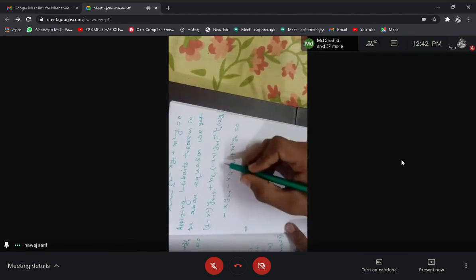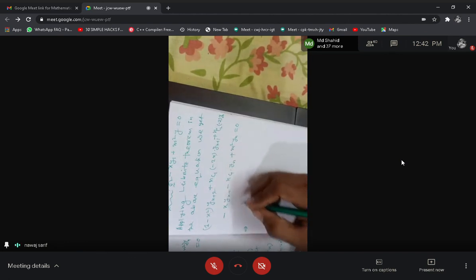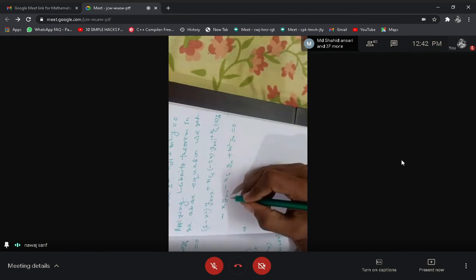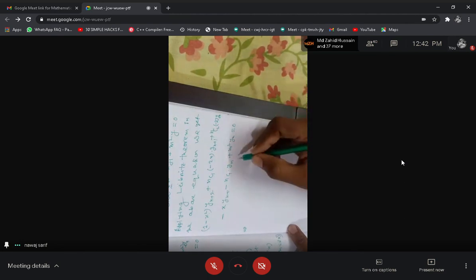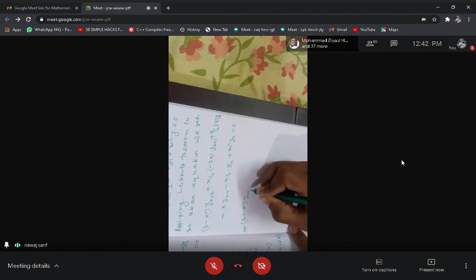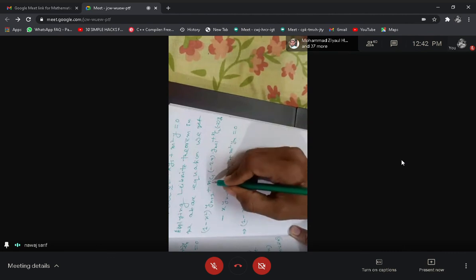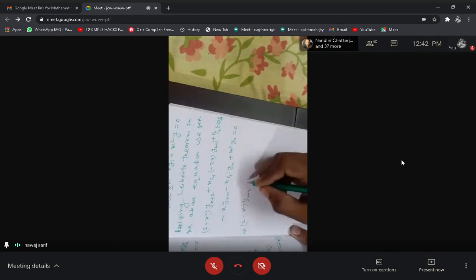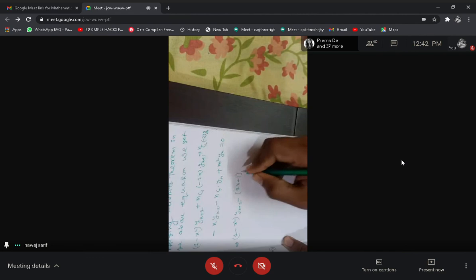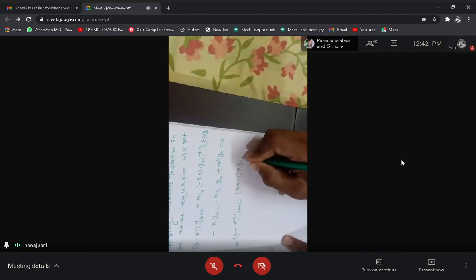So simplify: this is y n plus 1 and this is y n plus 1, so here nc1 is n, and this is x y n plus 1. This implies 1 minus x square y n plus 2, and this is 2n and this is minus 1, so minus of 2n plus 1 x into y n plus 1.